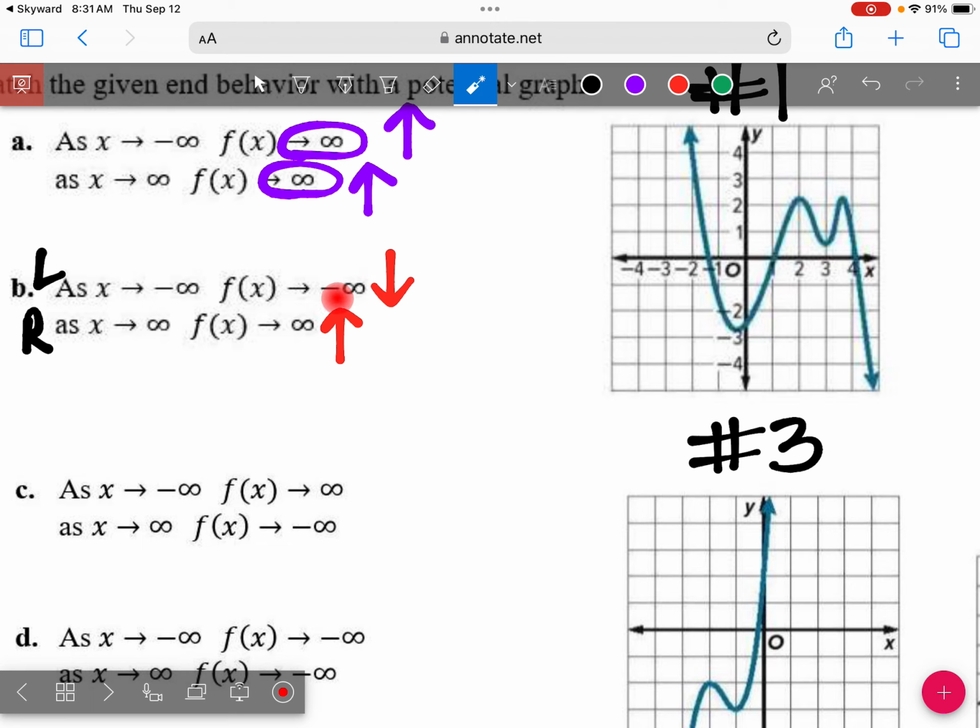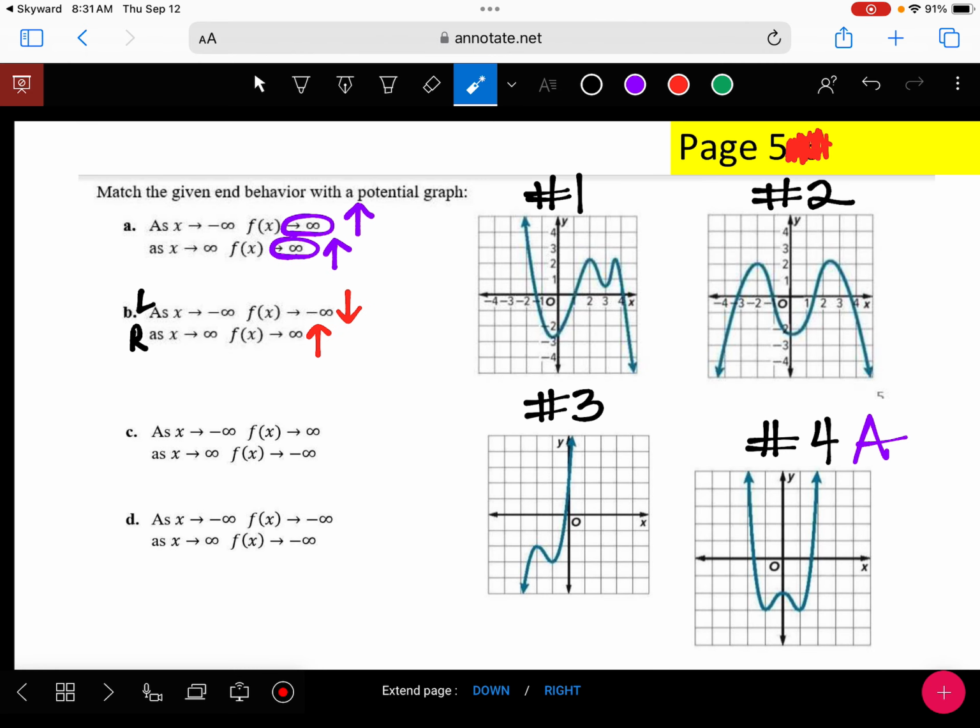So it's not an even. I know it's an odd function because one has a negative and one has a positive. Show me with your fingers which graph goes down on the left and up on the right. Question 3, good. So we're going to say that this is B.